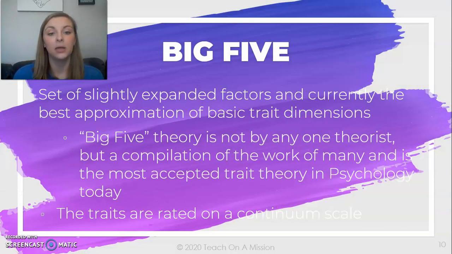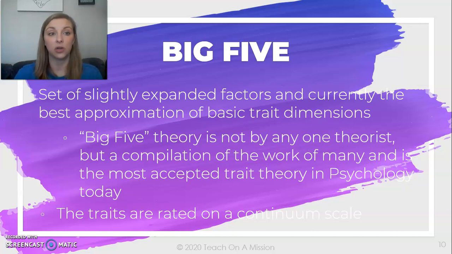Okay, big five. So the big five theory is probably the most important of the trait theories that you're going to need to know. It is by far the most accepted trait theory in psychology right now about personality. Basically what this says is that traits are rated on a continuum, and there are five major continuums that we are all rated upon.